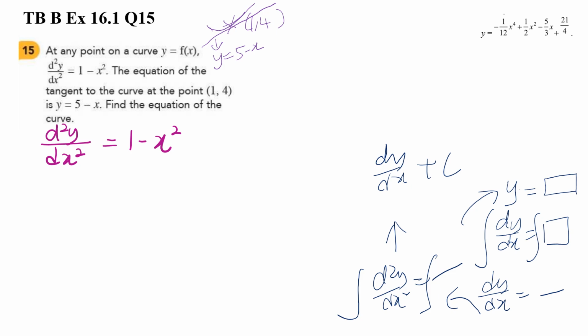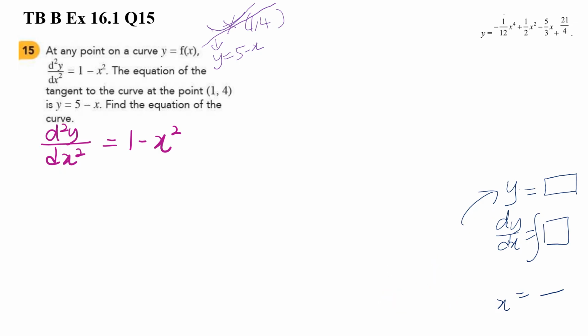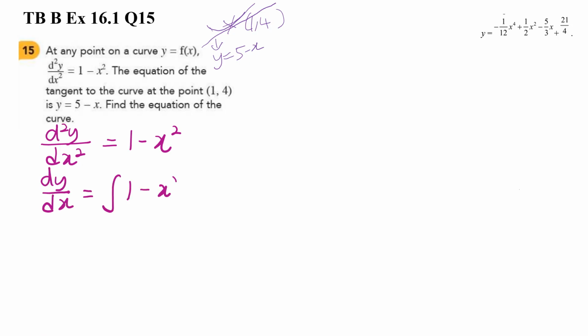Can you see the process? Let me repeat. When I integrate my d2y over dx squared, I get my dy over dx. Of course, when you do integration on the left, you must also do integration on the right.